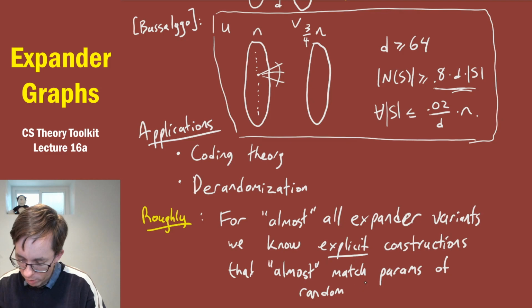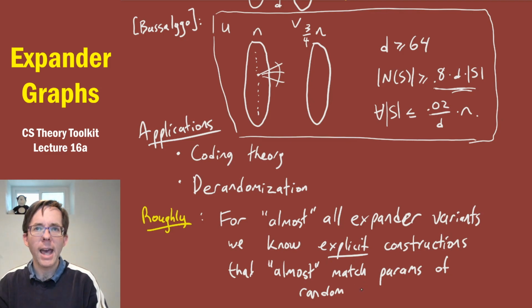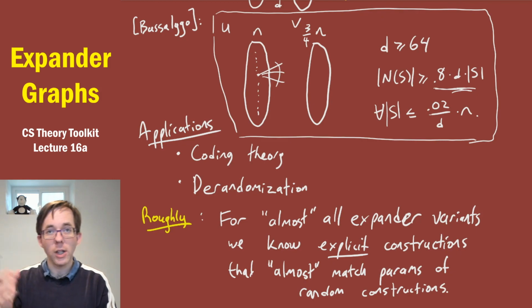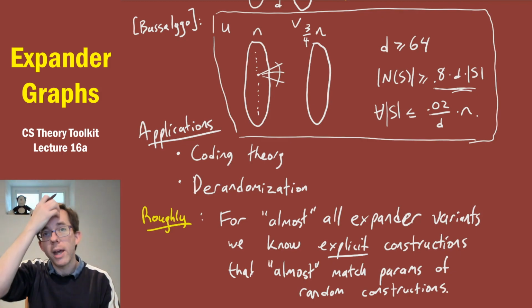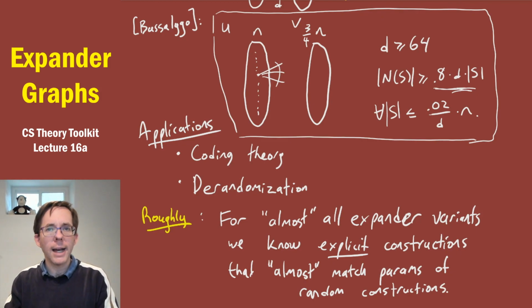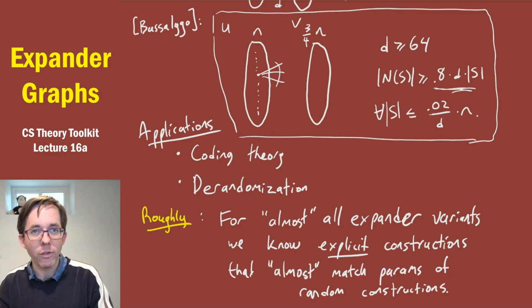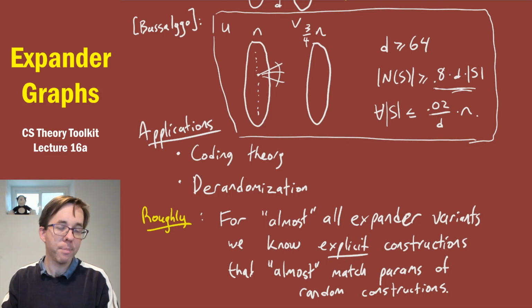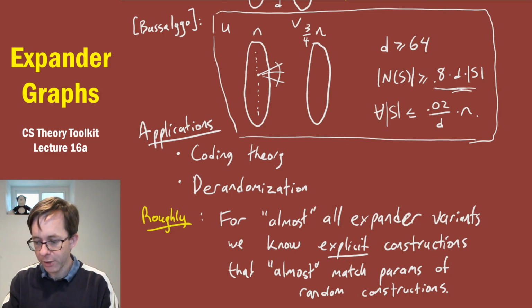I put almost in quotes there, and you have to check the literature if you want really close matching for your favorite particular expander variant. But generally we have very good explicit expanders, and I'll talk a little bit about how we get them in the last part of this lecture.